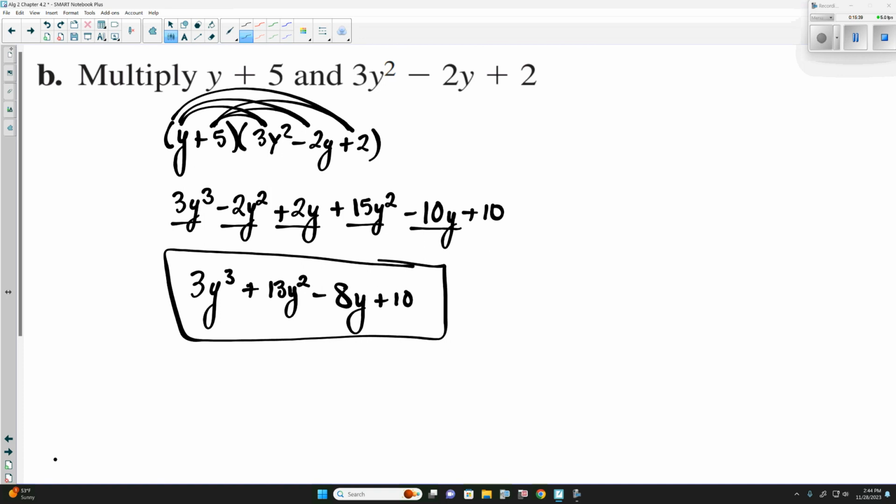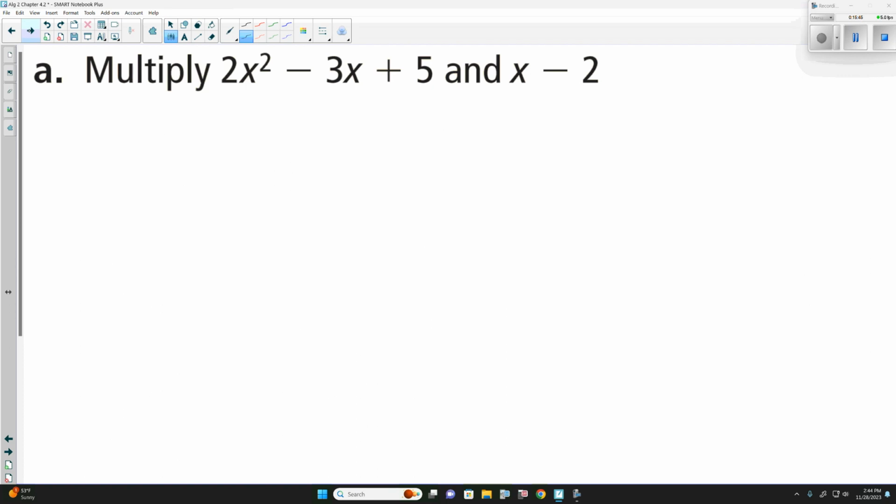Questions on multiplication? Do we need to see another example of multiplication? I feel pretty comfortable with these here. All right.